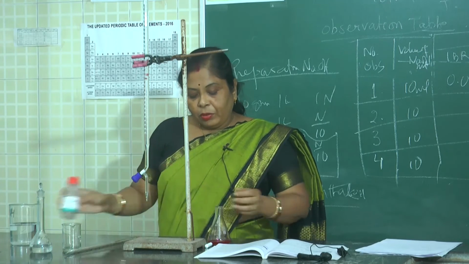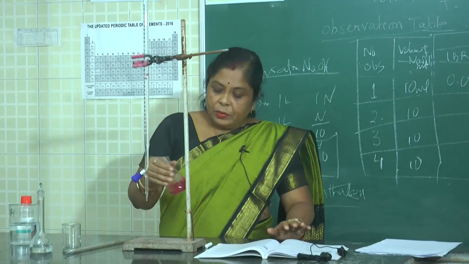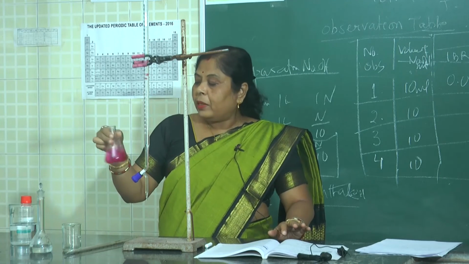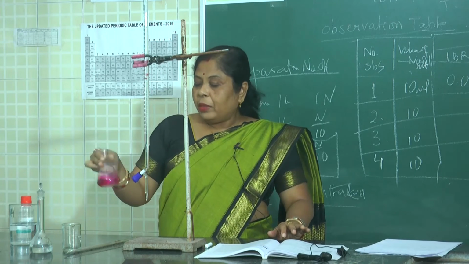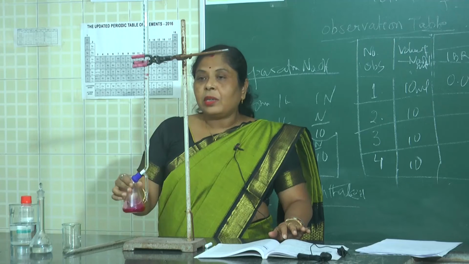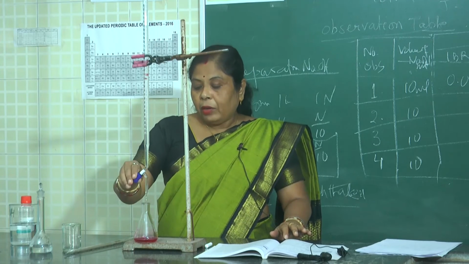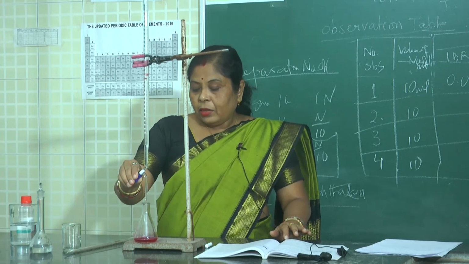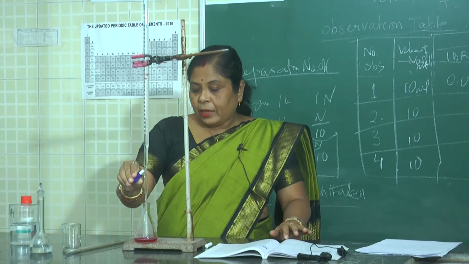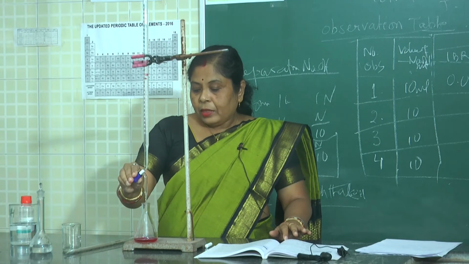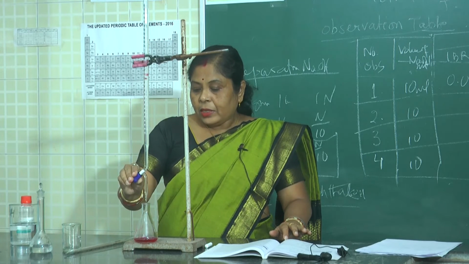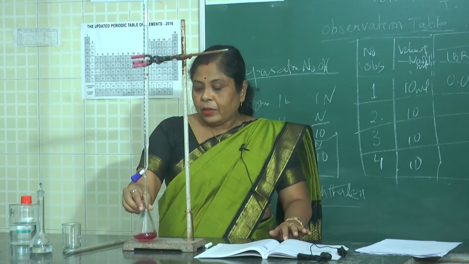As you all know, phenolphthalein gives pink color in basic medium and in acidic medium phenolphthalein becomes colorless. So as we are going to add oxalic acid from the burette, gradually this pink color will start disappearing.